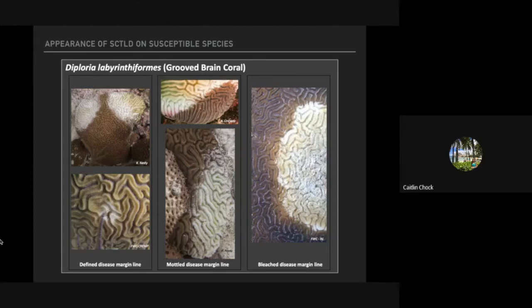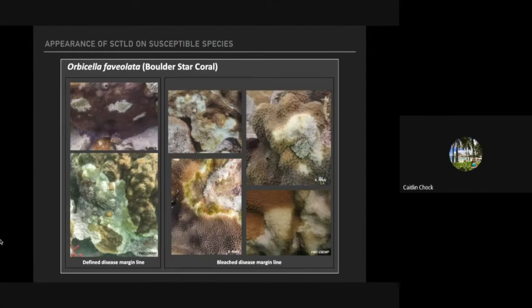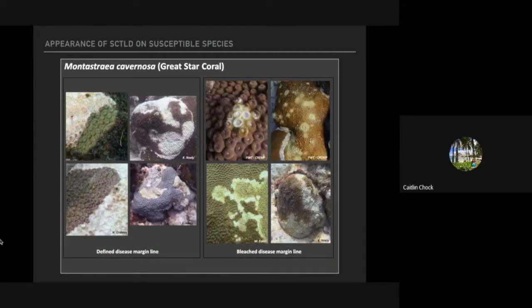And the DLAB, again, you can see multiple lesions on the top left photo. And the OFAV, again, you might have this fine margin line or bleached margin lines. And the MCAV.